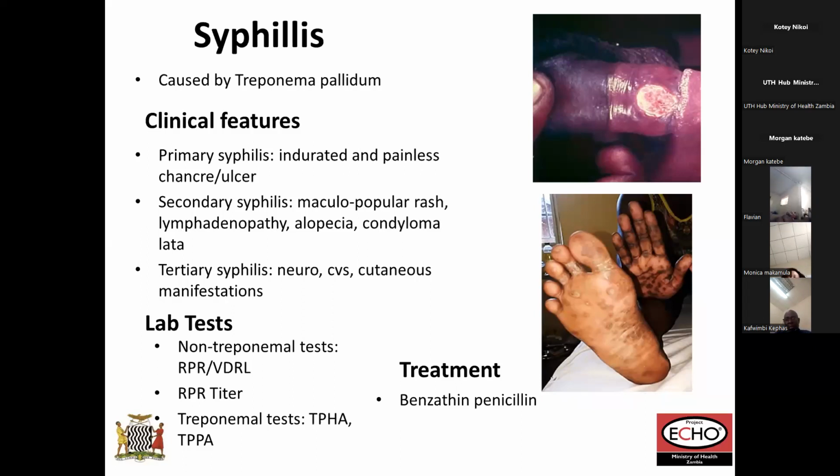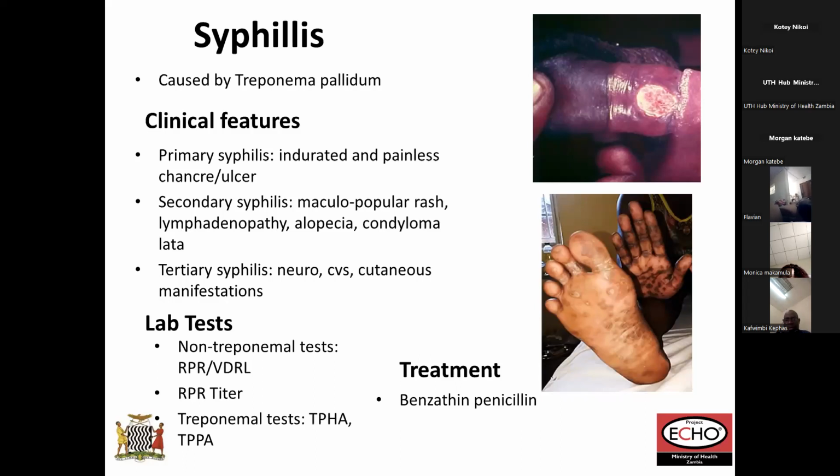So the top picture there just shows a chancre. And secondary syphilis, so primary syphilis will heal on its own without treatment. A few months later, one may present with secondary syphilis, which may have many manifestations, such as a maculopapular rash, which is usually asymptomatic, not painful or itchy.